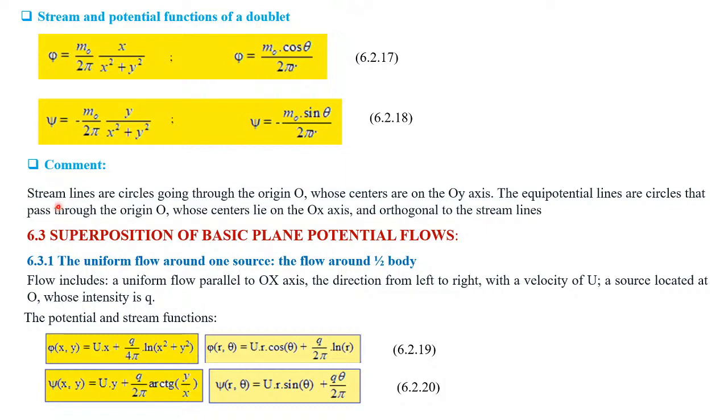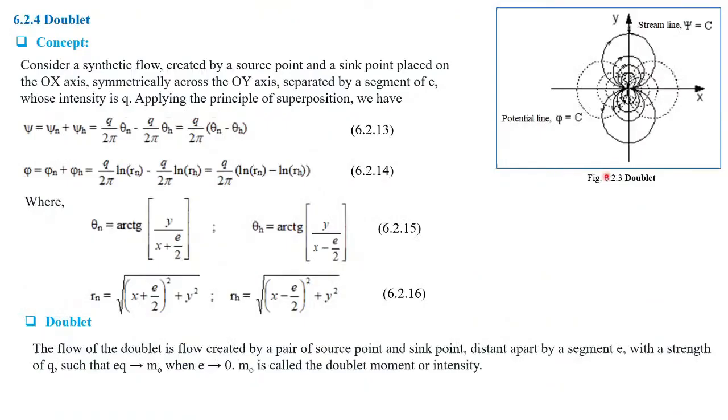Comment: the streamlines are circles going through the origin, whose centers are on the y-axis, and the equipotential lines are circles passing through the origin O, whose centers lie on the x-axis and orthogonal to the streamlines. So you see here, this is the streamline.